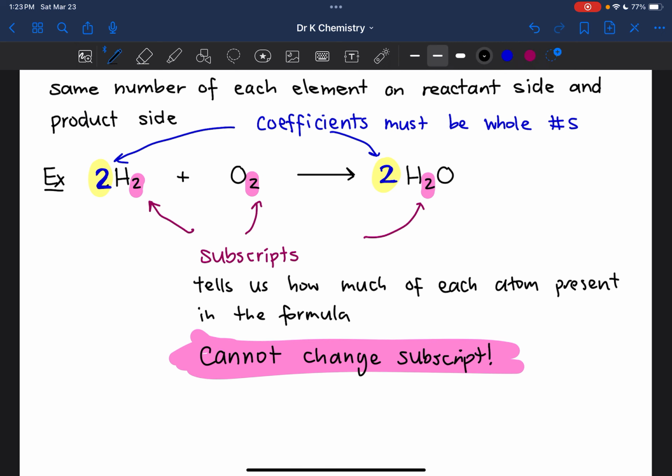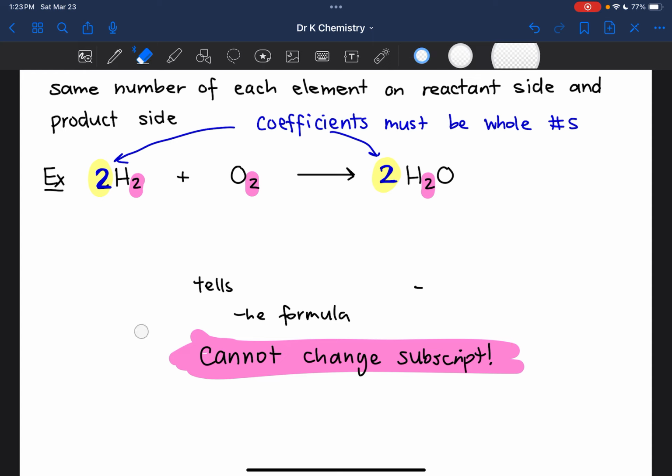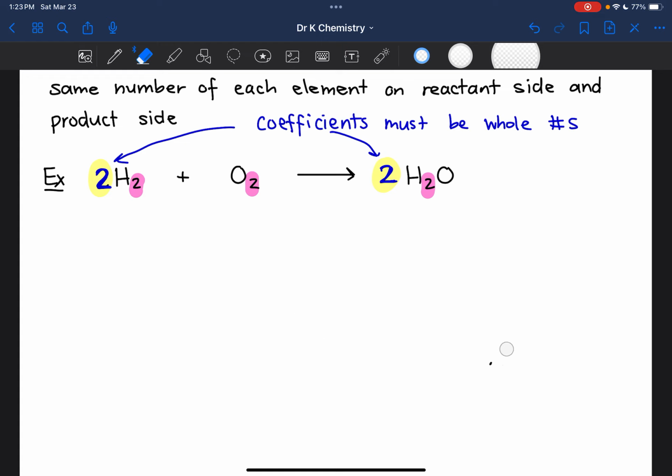And let's talk in a little more detail about what this means. So the fact that we are multiplying this entire molecule by 2 means that we have 2 H2 molecules present in this reaction. Because there's nothing out front here, that means it's a coefficient of 1.